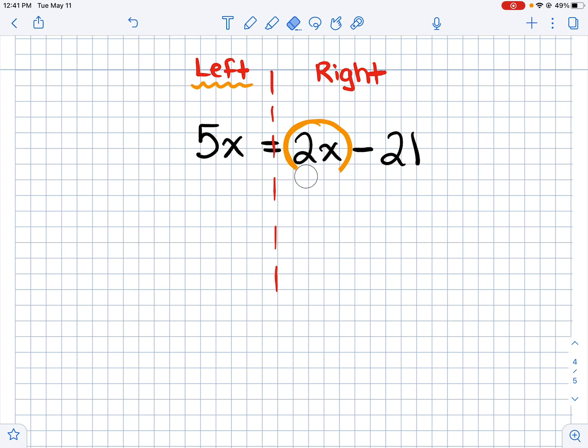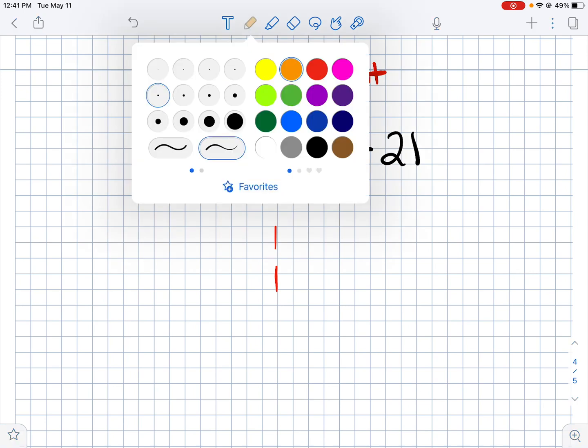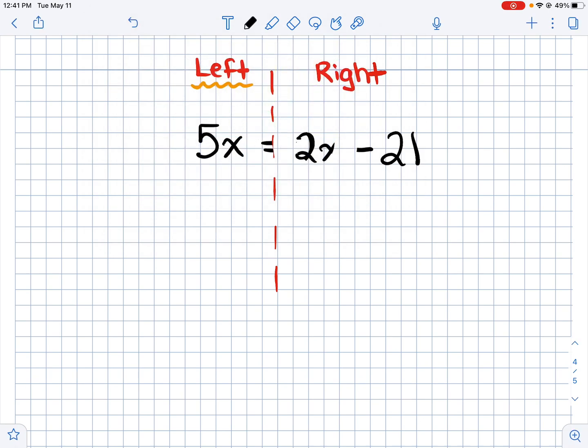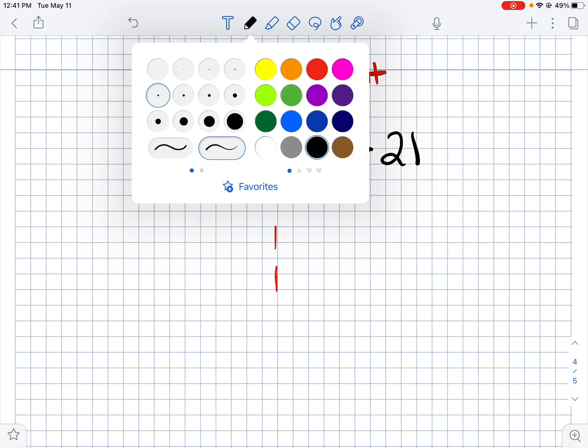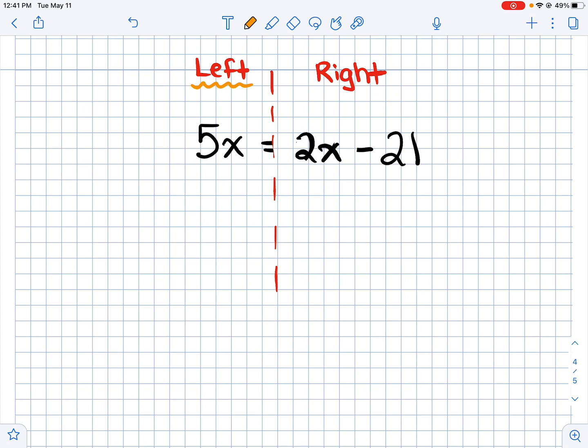Well, actually, okay, sorry, I can't erase that. Well, let me redraw that. Okay, so to get rid of a 2x, I actually subtract 2x. And that's because technically this 2x is kind of like being added to this side. So 2x take away 2x would be 0, right?